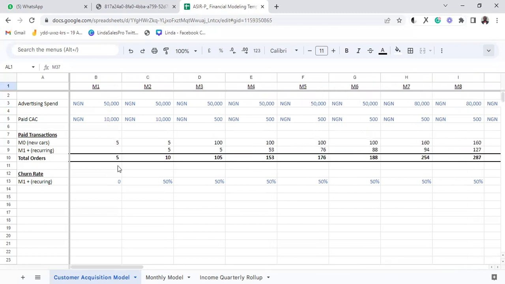Now, so you saw what I did from the advertising spending. It's an assumption. You need to make an assumption based on what you think you are going to be spending. Any figure you put, that's what it's going to give back to you, right? So someone could be spending 1 million naira every month. Most startup companies you see spend maybe $50,000 in a month.